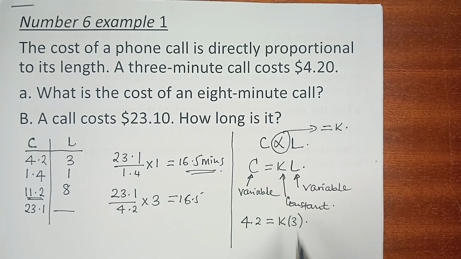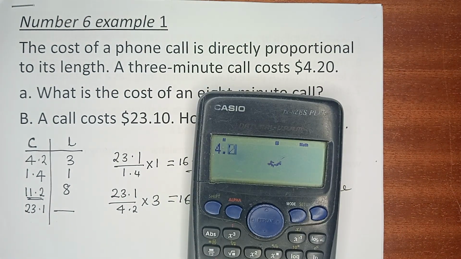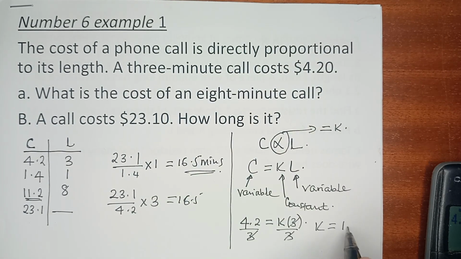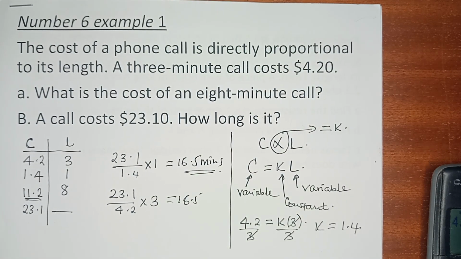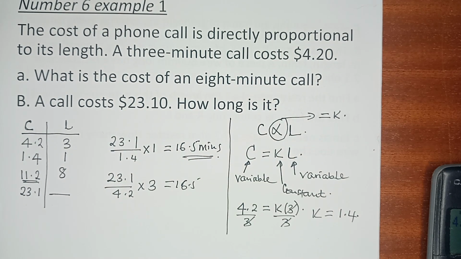And 3 minutes is actually now the length L. To find the value of K, we divide both sides by 3, and K is 4.2 divided by 3, which is easily 1.4. And we can now use this information to answer the questions that follow.